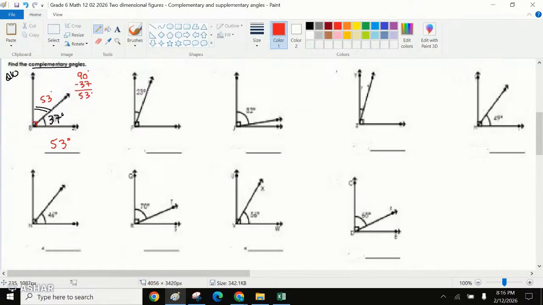In question number 11, it says 23 degrees. So what should be the complementary angle? If one angle given is 23, then what should be the complementary angle?